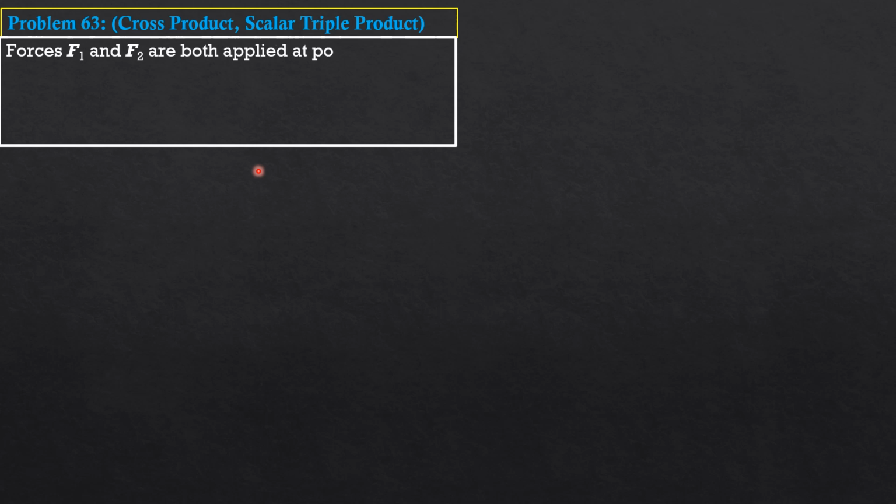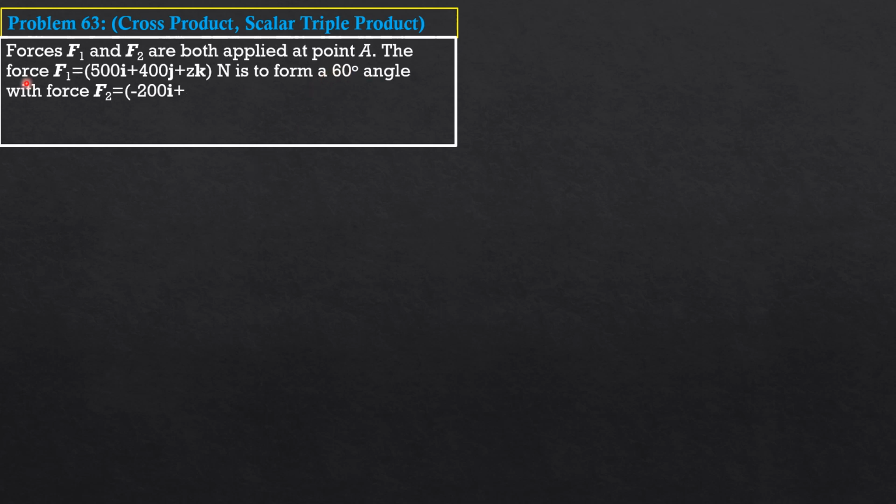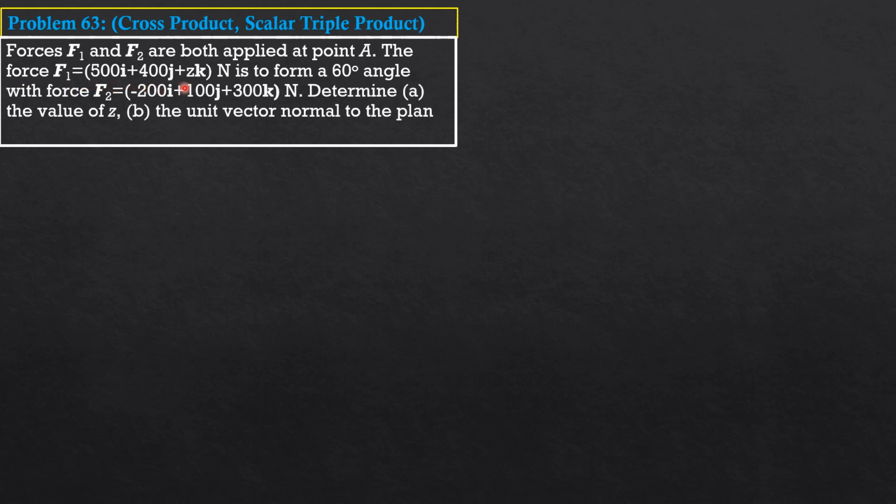Example 63. Forces F1 and F2 are both applied at point A. The force F1 is given by 500i plus 400j plus Zk newtons and is to form a 60-degree angle with a force F2, negative 200i plus 100j plus 300k newtons.